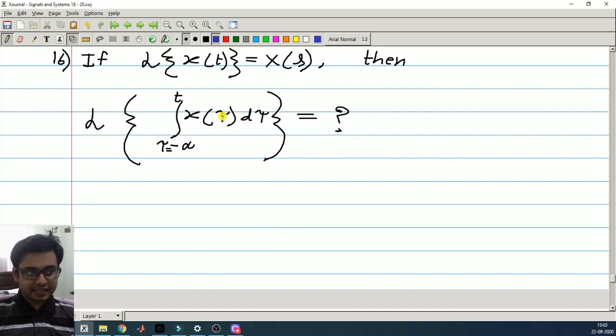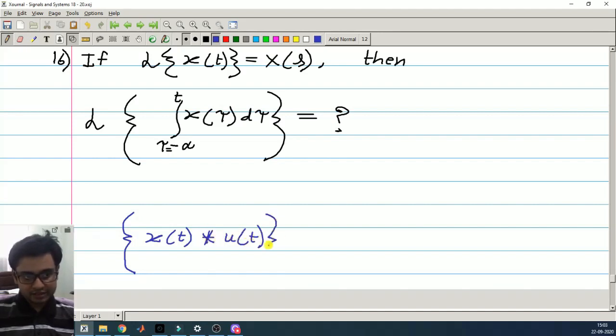Okay, notice that this integration can be written as convolution between x(t) and u(t). Why? We told that during a similar derivation regarding Fourier transform. You can check. Okay, so we want the Laplace transform of x(t) convolved with u(t).